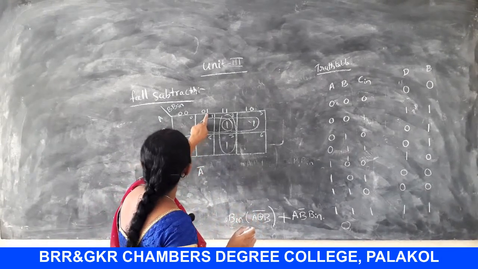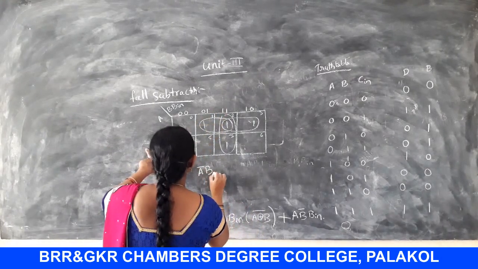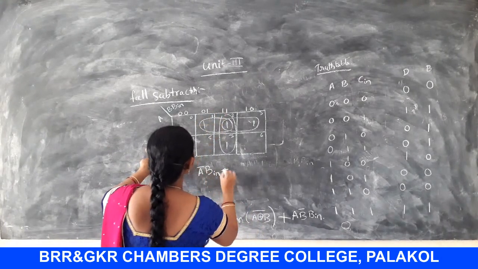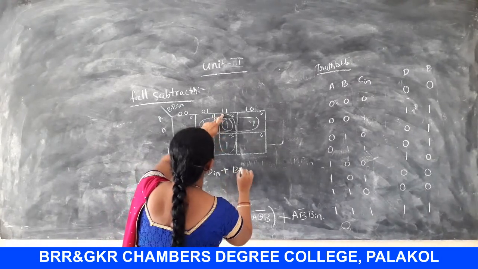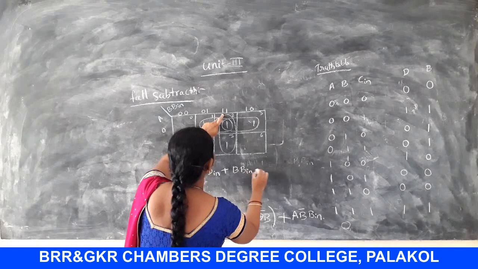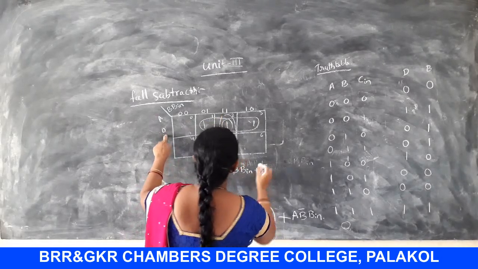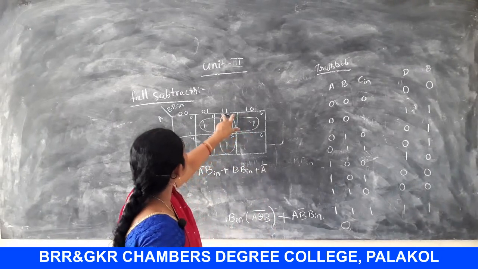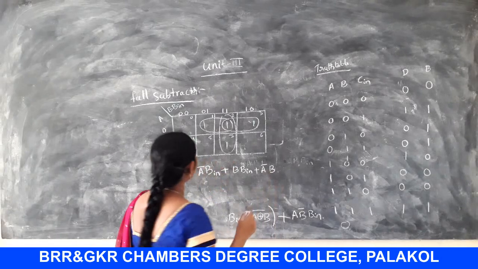For this is 0, B is varying and B in here. And next plus 1, these two are varying, therefore it has B, B in. Okay. And after that for this is A bar, and for these two this is B. Okay.